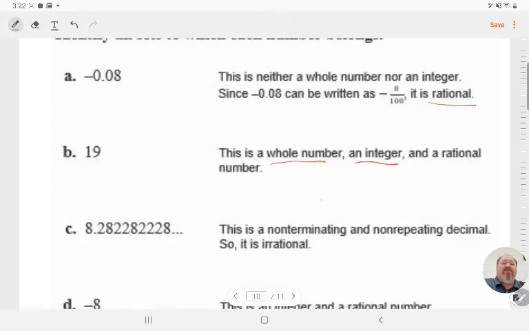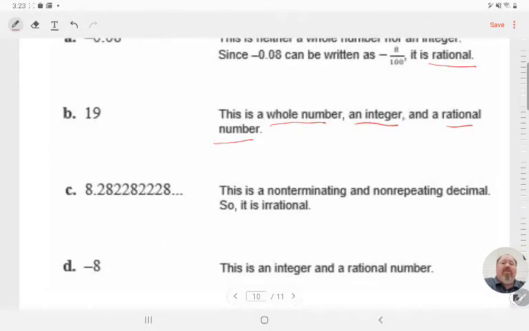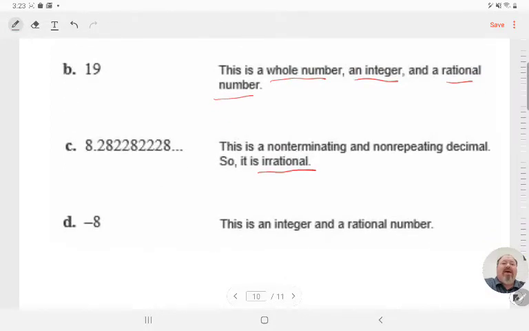It can be an integer, and it's also a rational number. So I write down all 3 things. And then 8.28, 228, 2228... it's not repeating. It doesn't terminate. Those dots mean it goes on and on. So therefore, it is an irrational number. Okay? And then negative 8 is an integer, and it's also a rational number. So I'd list it twice. Okay?